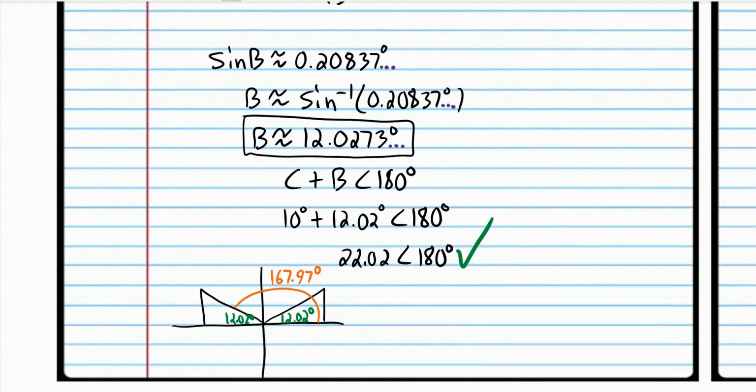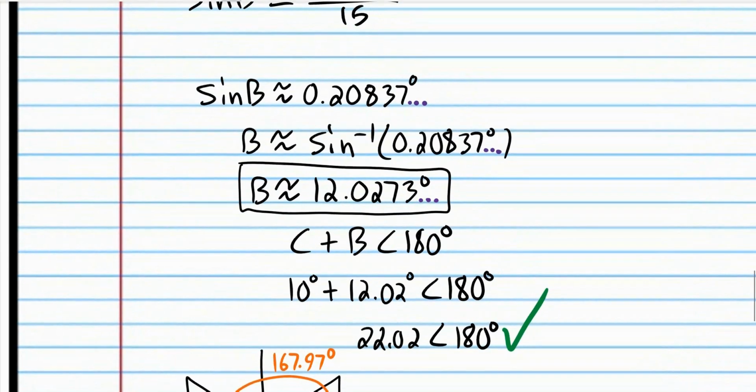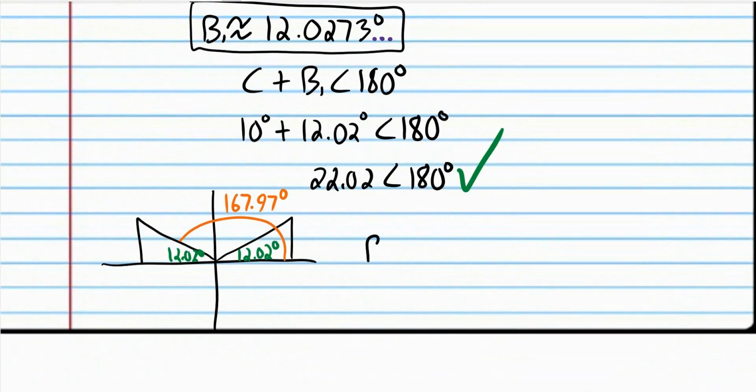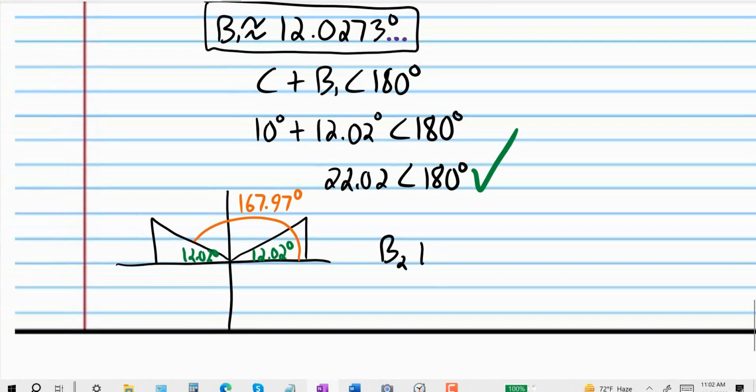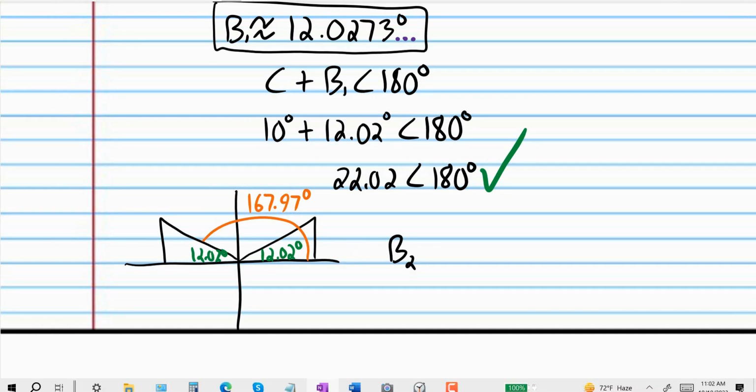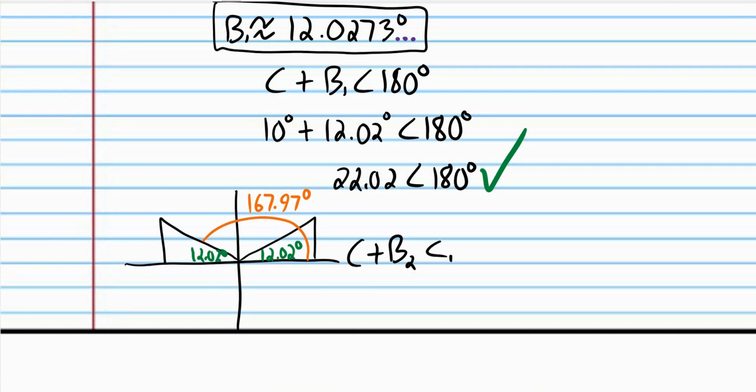And if we add that number, well, we'll call this B1. If we add B2 to C, the question is, is that going to be less than 180 degrees? So 10 degrees plus 167.97 degrees.